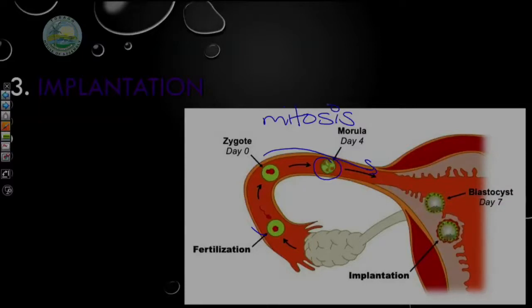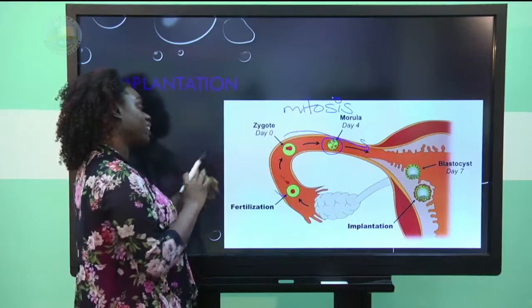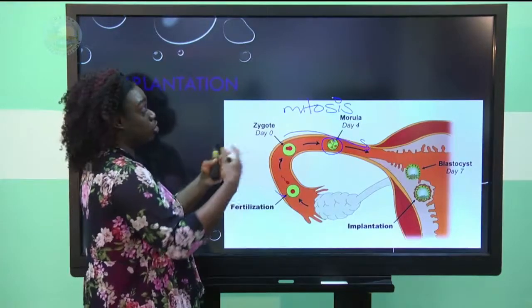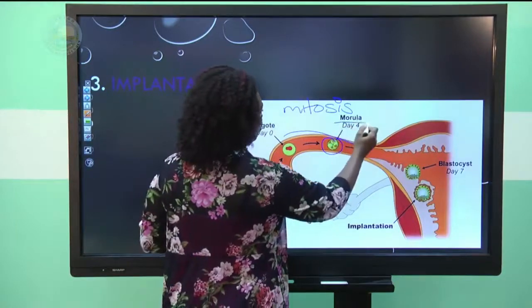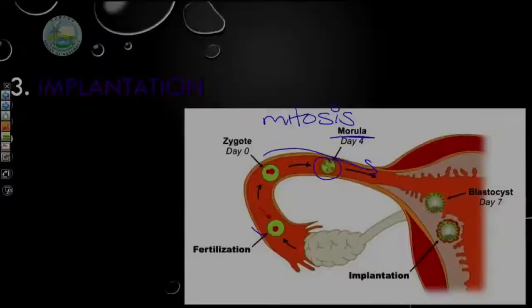So that one zygote with the one nucleus starts to divide several times by mitosis. So you end up with 2, then 4 cells, then 8 cells, then 16, and it continues that way until you have this ball of cells called a morula, approximately around day 4 after fertilization.